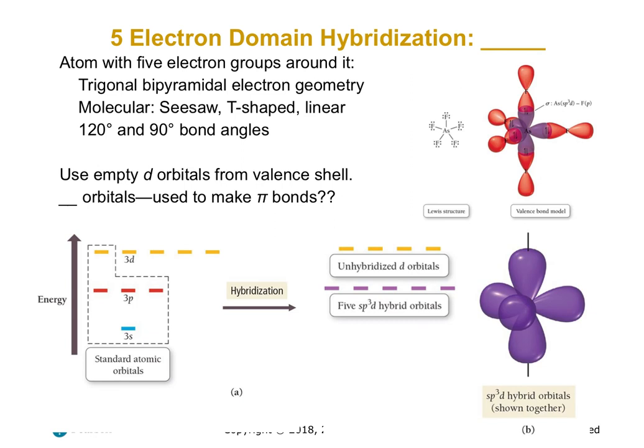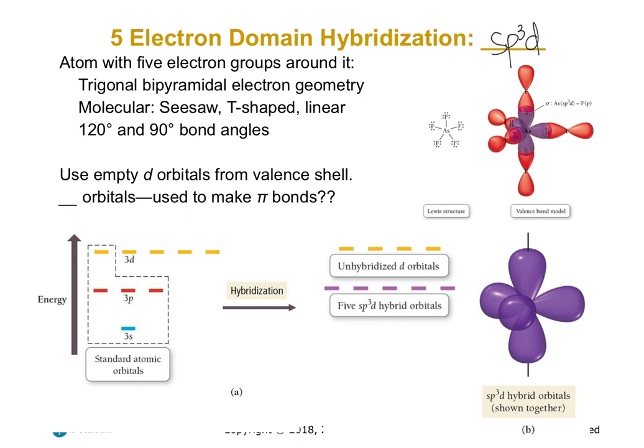Now moving on, 5 electron domain geometry. This is where it gets a little bit more questionable in the science, whether this actually happens or not, and there's disputes, but for now we're going to teach it. So when we have 5 electron domains, this is called sp3d.